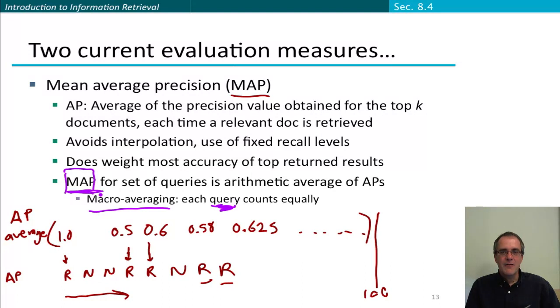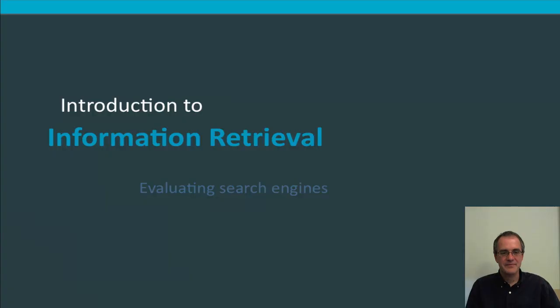And across different queries, it gives equal weight to different queries, which tends to be a useful thing to do because you're always interested in how systems work on queries of rare terms as well as queries of common terms. So this is a pretty good measure to think about using for evaluating information retrieval systems.